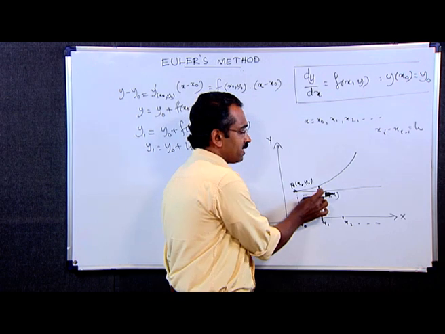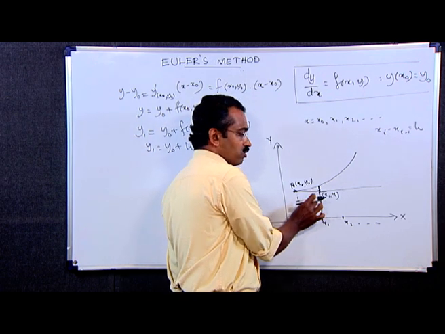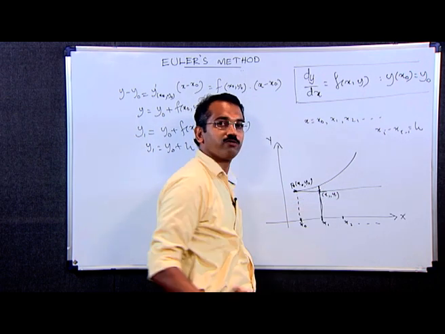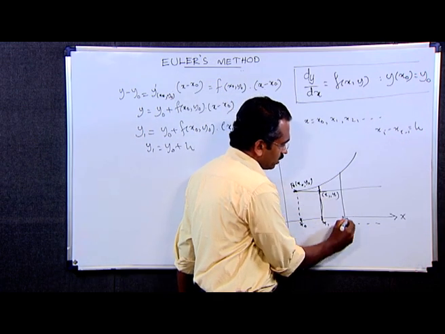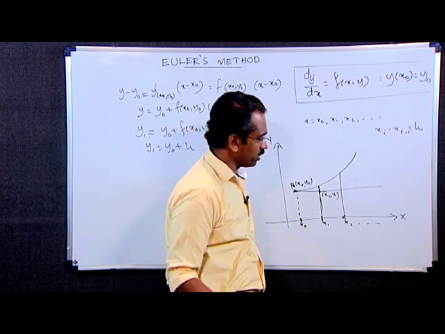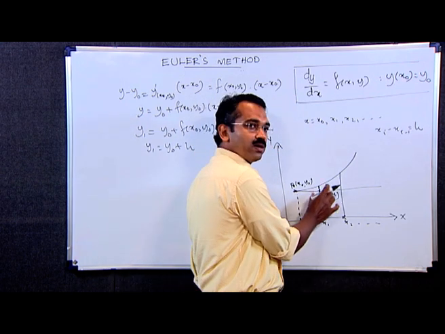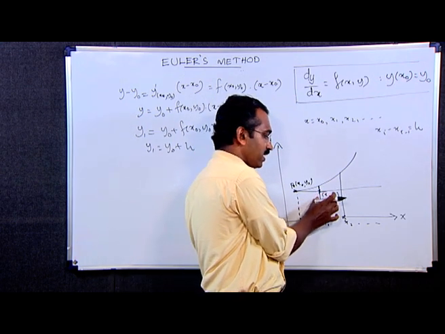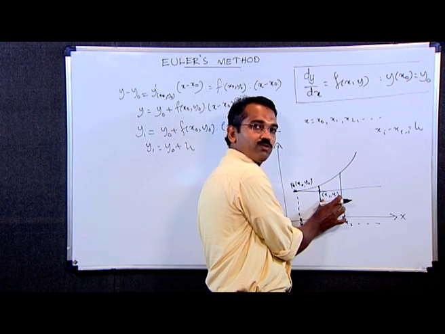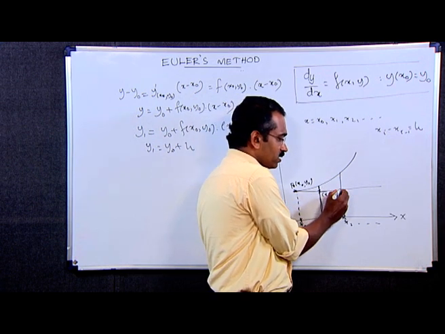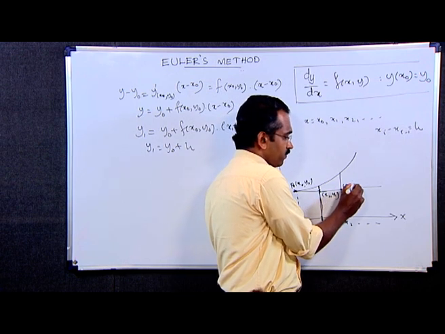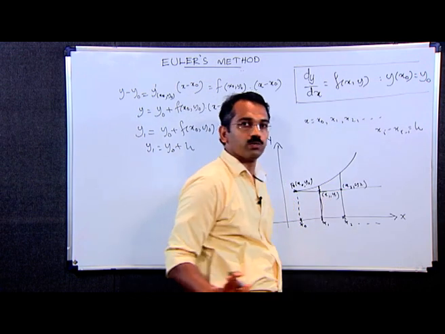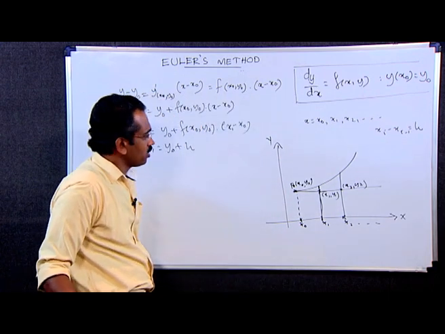Then we draw a line through x 1 y 1 having slope f of x 1 y 1, which will intersect the line corresponding to x is equal to x 2. Then from the equation of the line whose slope is f of x 1 y 1, we find the corresponding y 2. Then we obtain this point as x 2 y 2 and so on.